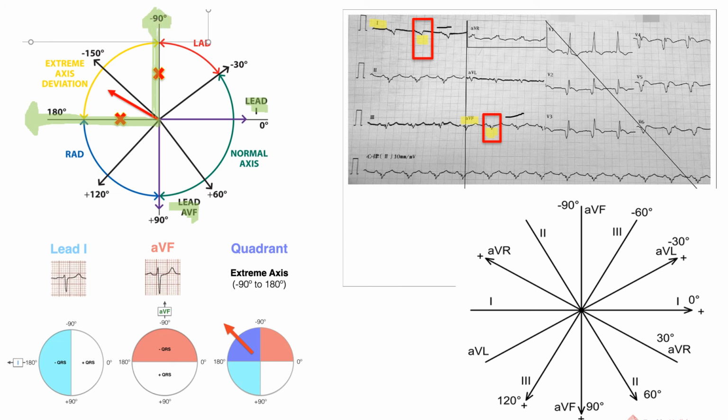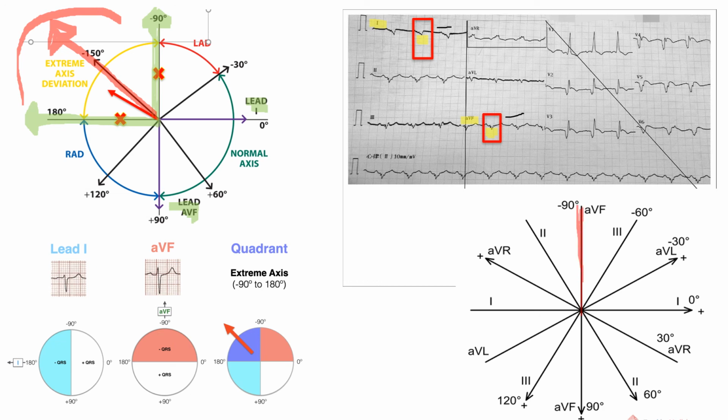After I drew my vectors for lead 1 and AVF, all you have to do is draw your mean electrical axis in between, and that tells you that your mean electrical axis is within this quadrant right here. So let's also shade it right here.